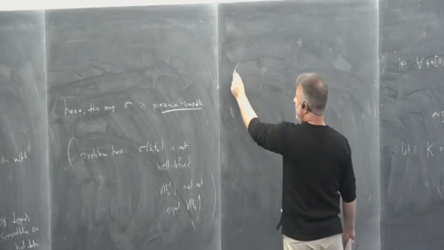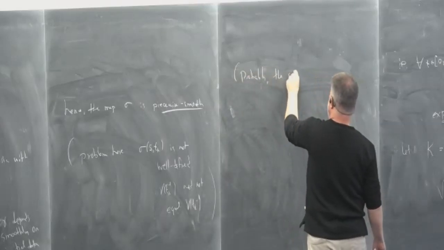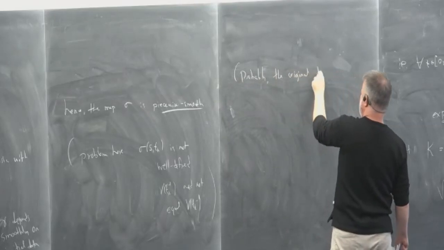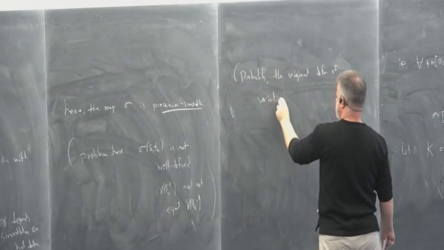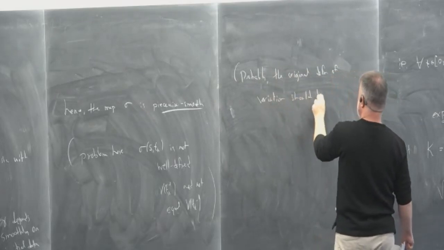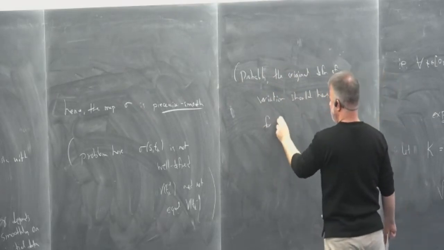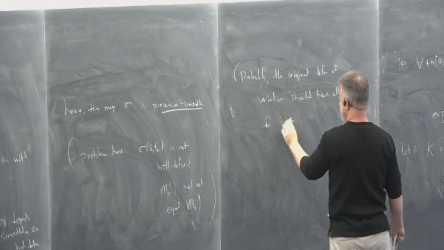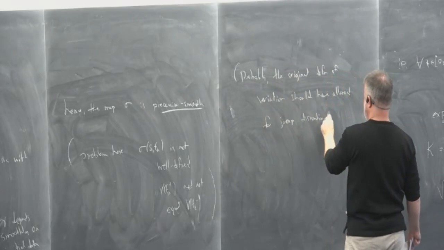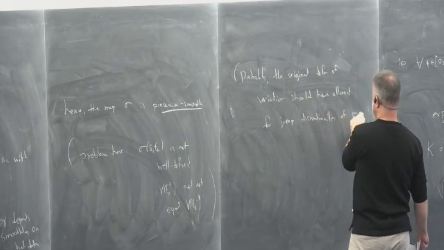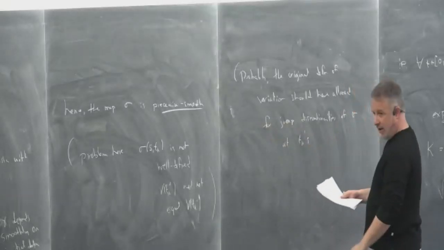So probably the original definition of variation should have allowed for jump discontinuities of sigma at the t_k's, because this is what's happening with the sigma that we're getting here.